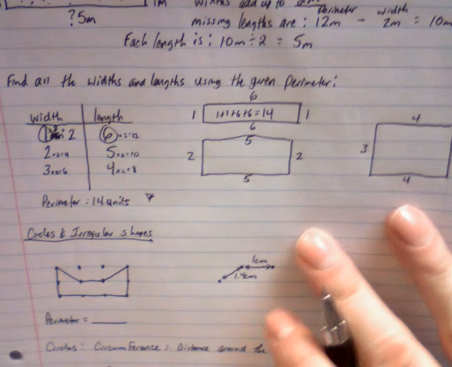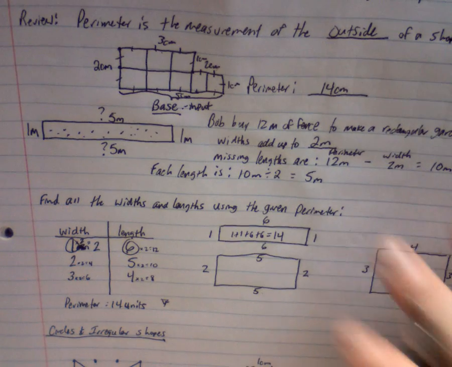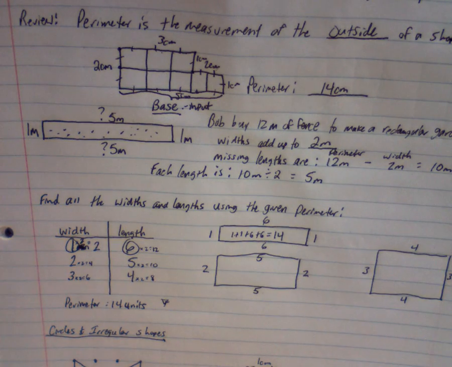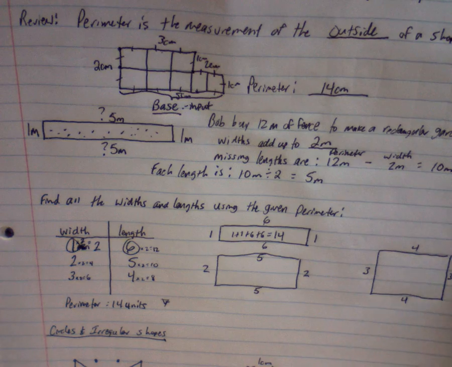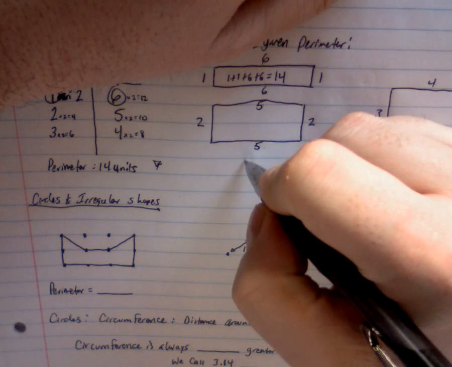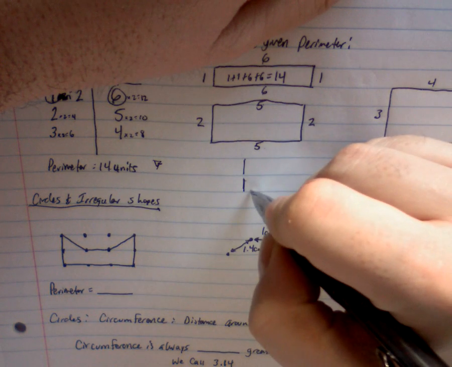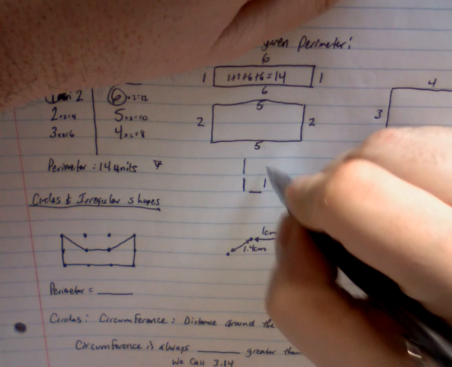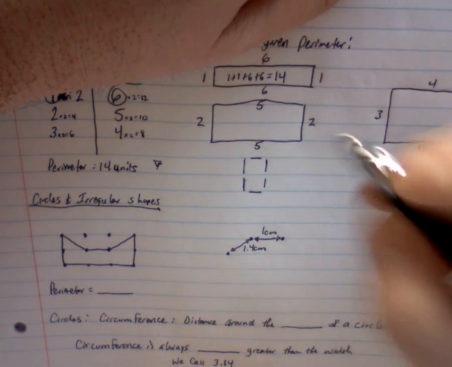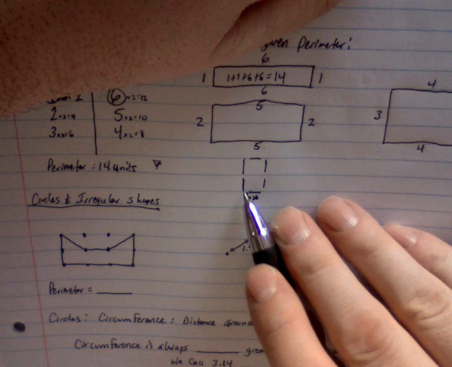Okay, so that's kind of exploring perimeter. And like I said, if you flip to the next page, you're going to be asked to give an input and an output. I'm just going to do one quickly down here. These are kind of like the toothpicks that they're using. This is the base right here at the bottom.